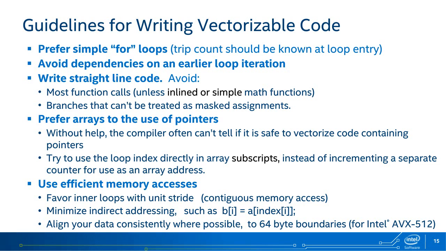Minimize indirect addressing as well, because in this case we are jumping through our memory in a random way, which is not really good for performance either. And last but not least, align your data, because the alignment may also impact the performance in case 2 cache lines are used instead of 1.